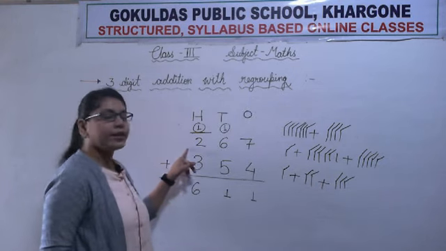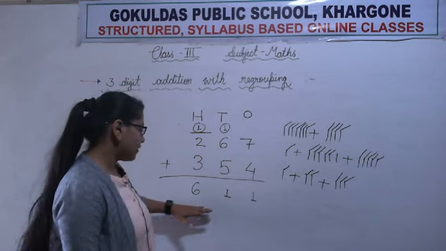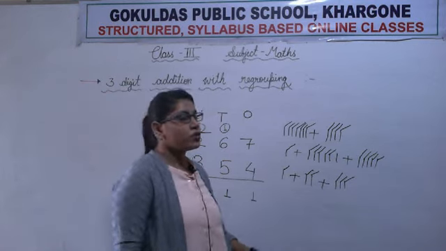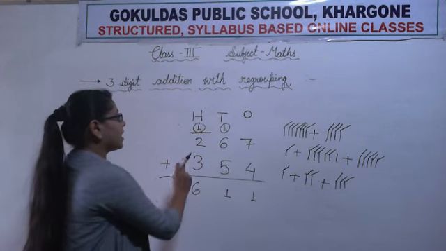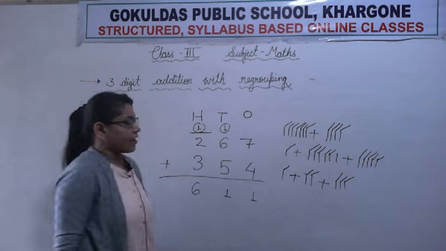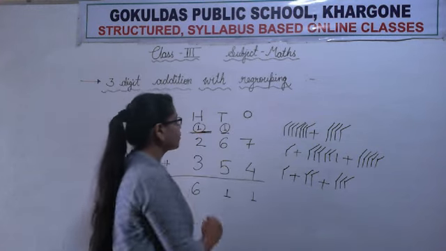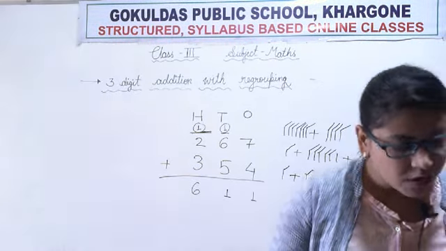So when we add 267 and 354, our answer will be 611. So this is 3 digit addition with regrouping. These are 3 digits and we did regrouping. So we are calling it 3 digit addition with regrouping.